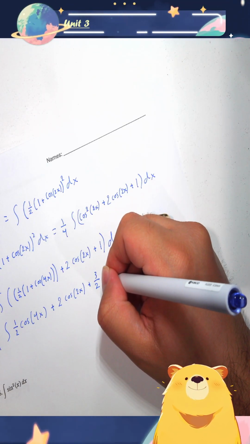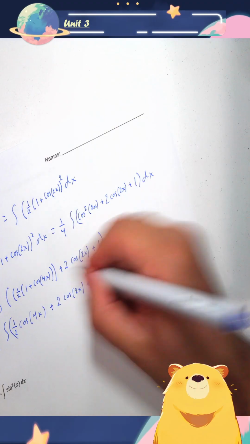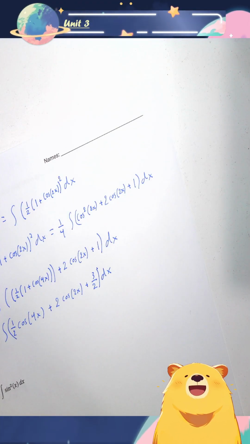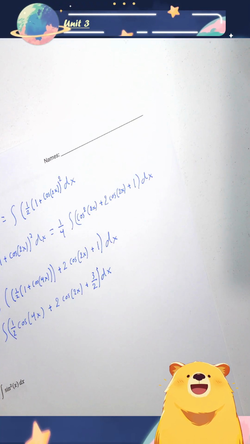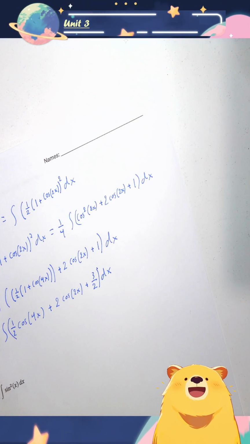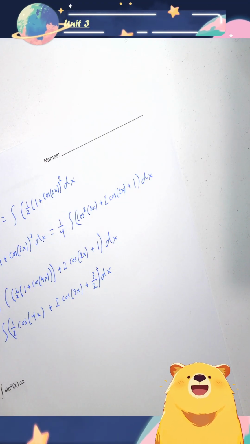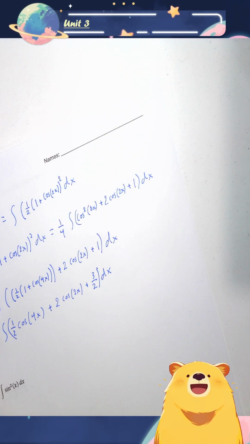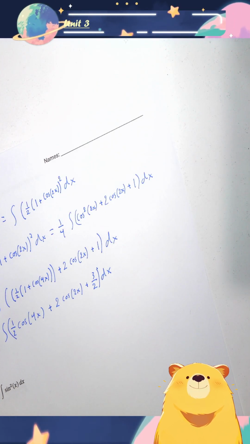If you wanted to, you could factor out the 1/2. I don't know how helpful that will be though. If that makes the problem more legible for you, you could definitely do it, but I'm not gonna hate on it if you don't.